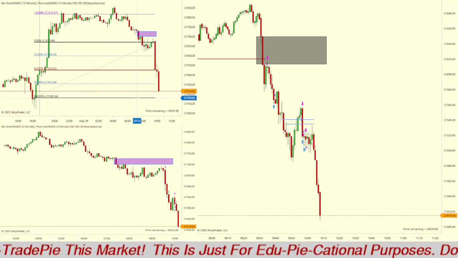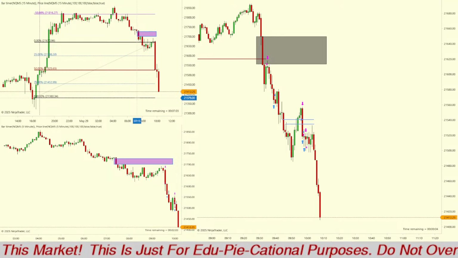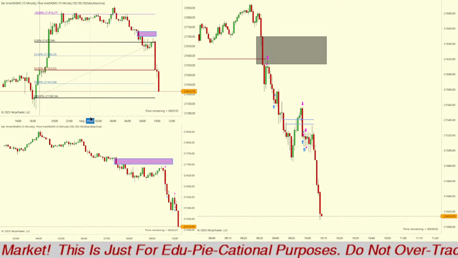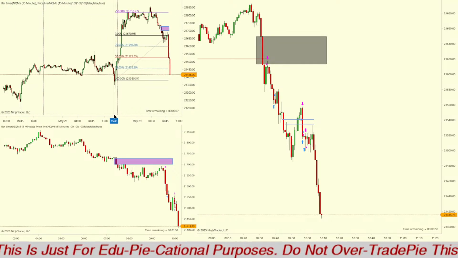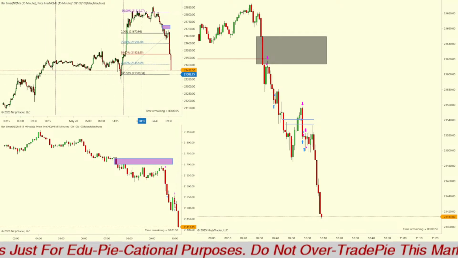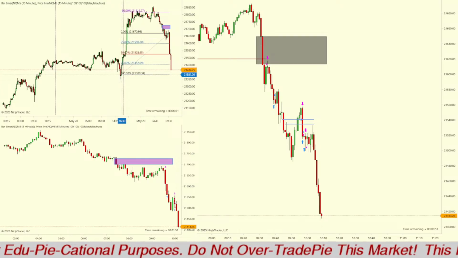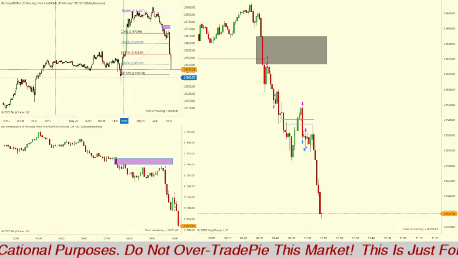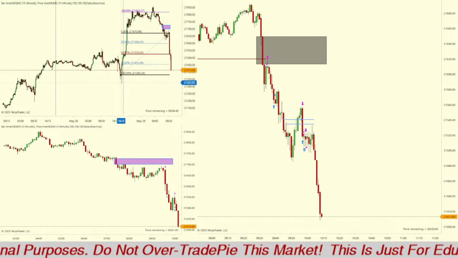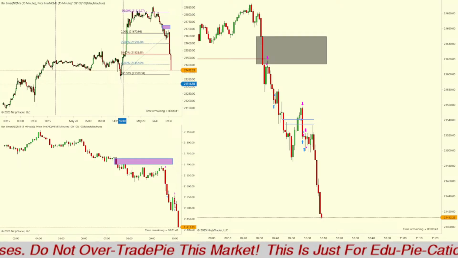So you can use any opportunity to go short from the marketplace over here, and use the low of the open range gap for the first target, and the second target will be below this swing low over here.